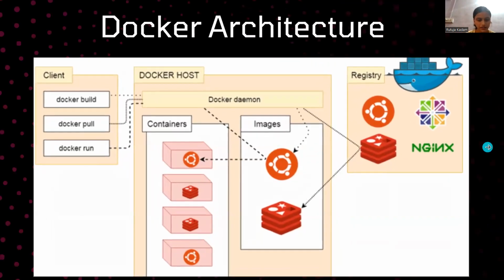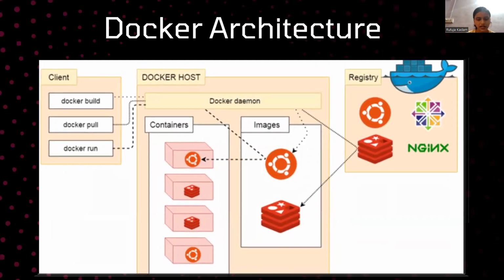So, Docker architecture. Docker follows the client-server architecture, which includes three main components: Docker client, Docker host, and Docker registry. You can see that here is the Docker client. The Docker client uses commands and REST APIs to communicate with the Docker daemon server.